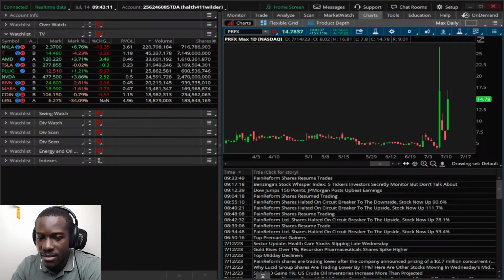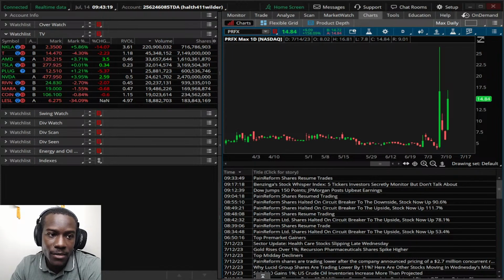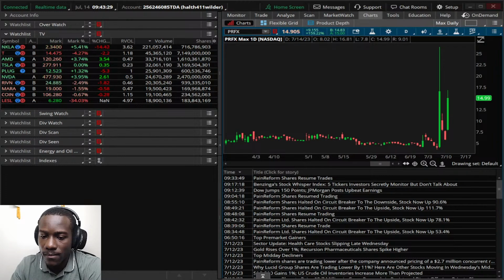But PRFX, now up 158%, has proved everybody wrong on the day. And it's even outperforming things that have 200 million shares traded on it. Moved from $7 all the way up to 16, and now it's floating around 15.